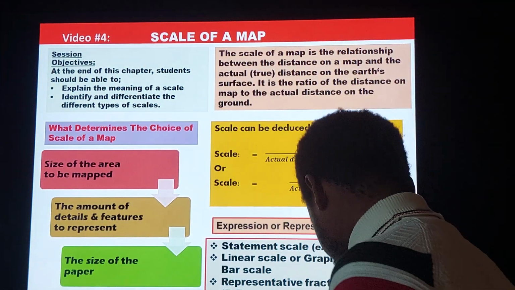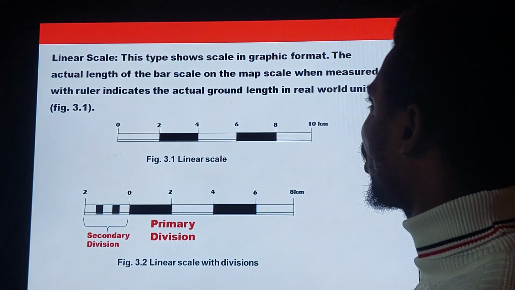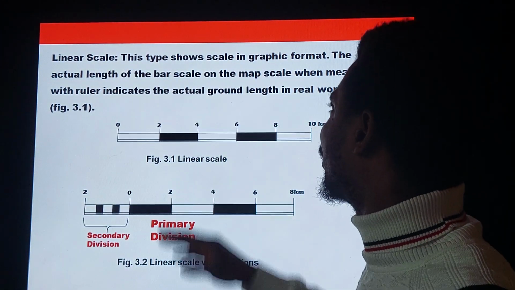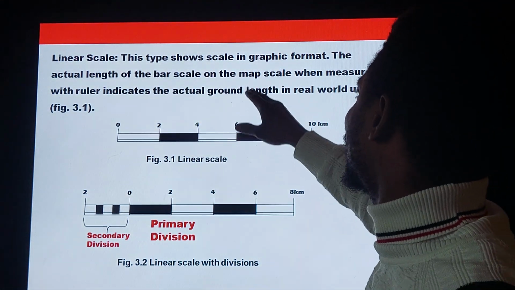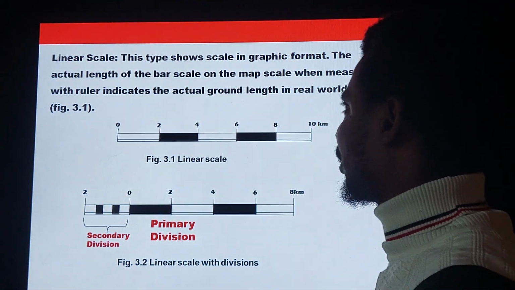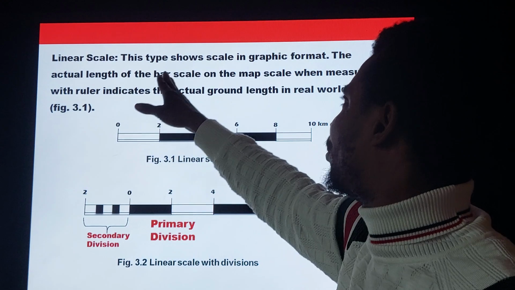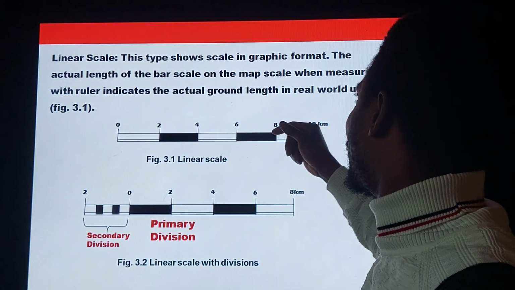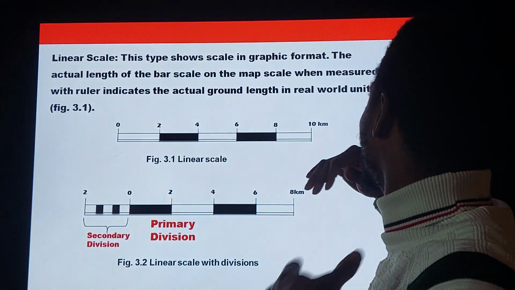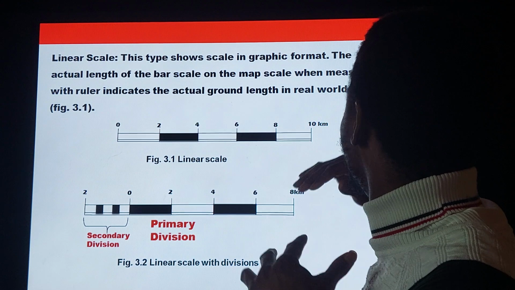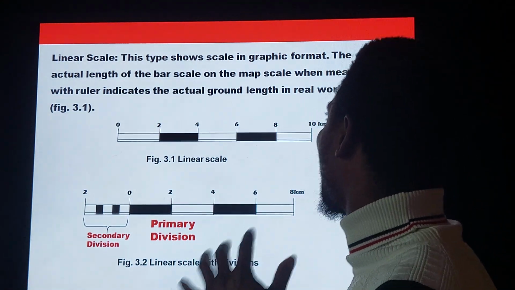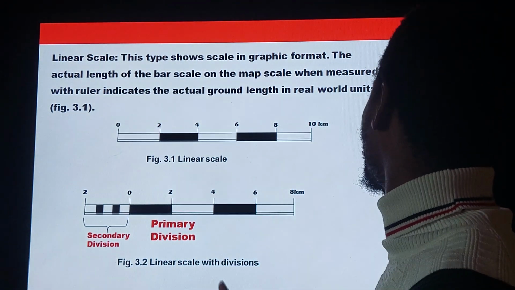Okay, so the linear scale. This type shows scale in graphic format. The actual length of the bar scale on the map, when measured with a ruler, indicates the actual ground length in real world units.